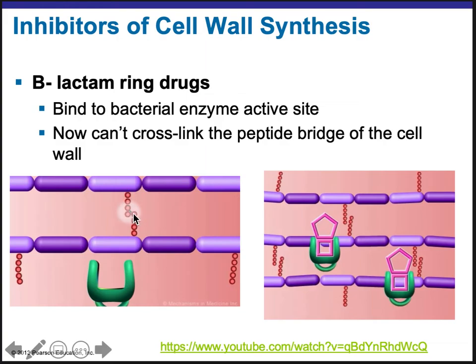The bacterial enzyme is the peptidase that normally would link these peptide chains together, which then holds the NAG-NAM chains together, right? So the normal bacterial enzyme makes that final bond between the peptides, and that is what gives the cell wall its ability to be strong and hold together.